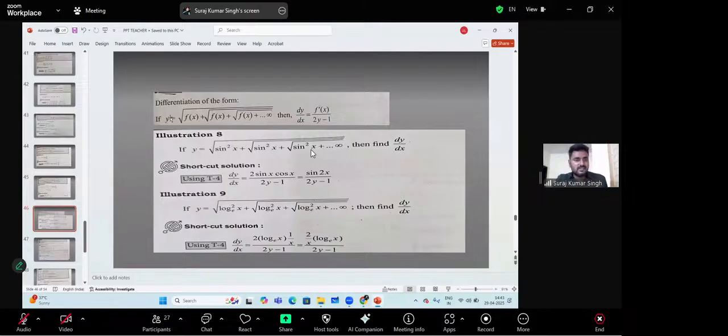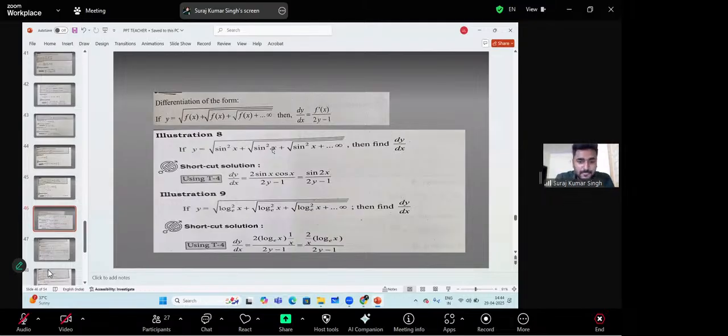You can see that y equals root over f of x plus root over f of x plus root over f of x plus dot dot dot till infinity. We have seen this type of series many times, and how were we doing the problems?